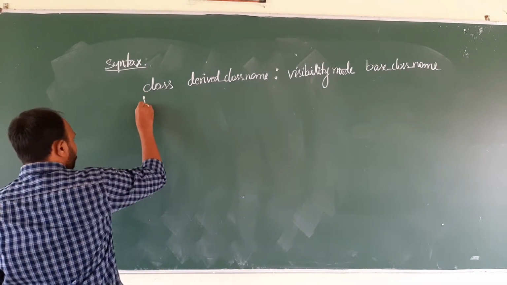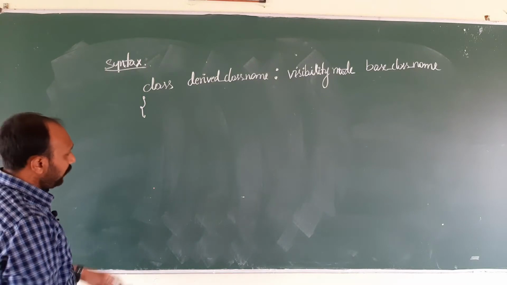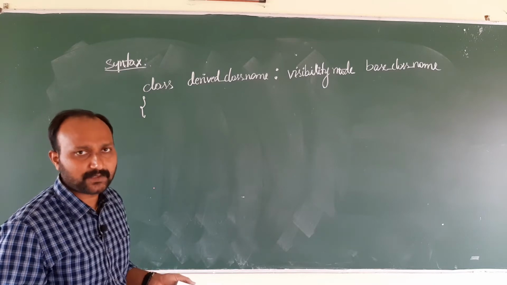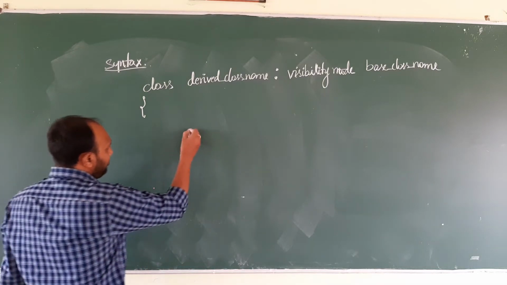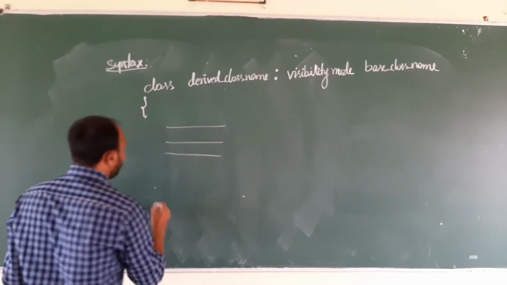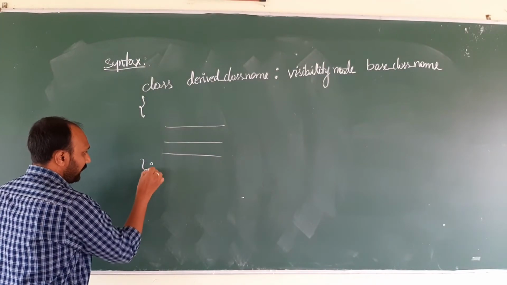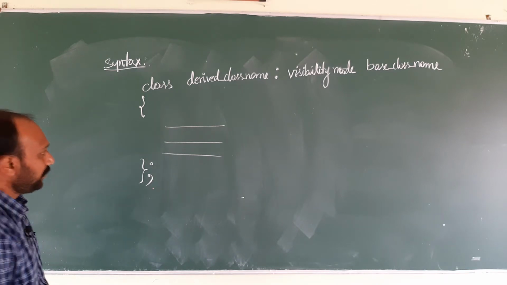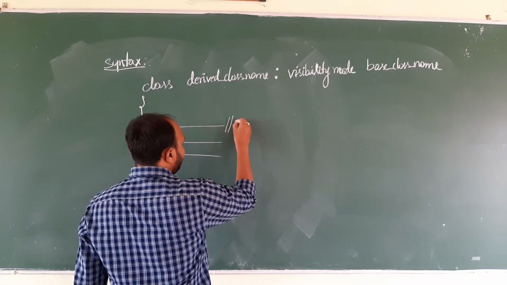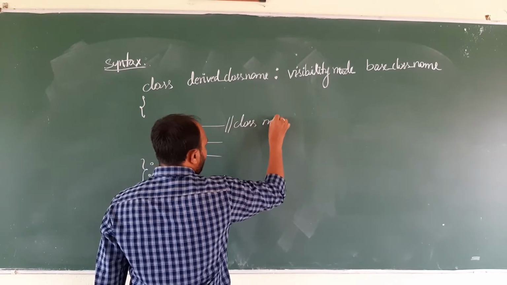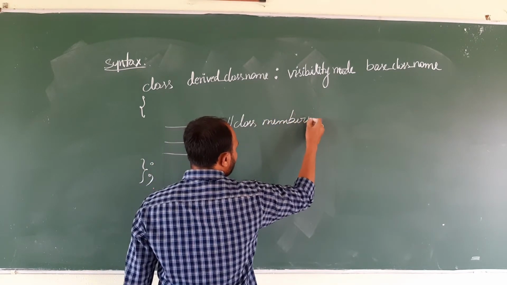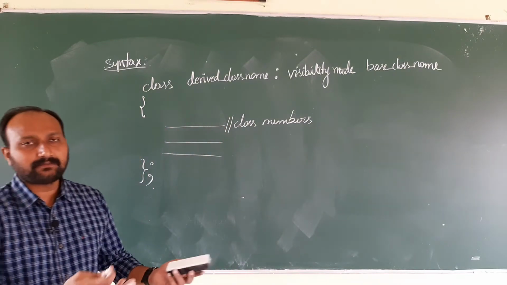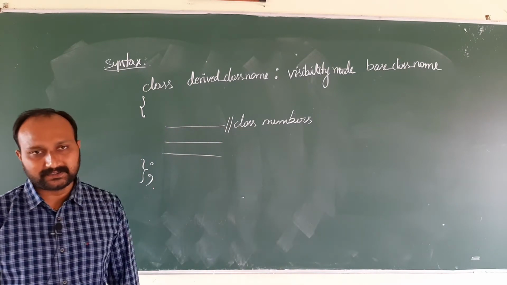Next, all the class members, which are nothing but data members and member functions put together, are kept within a pair of curly braces, and later it will be terminated by a semicolon. Okay. So, what is a class member? Data members and member functions, both of them put together, are referred to as class members.